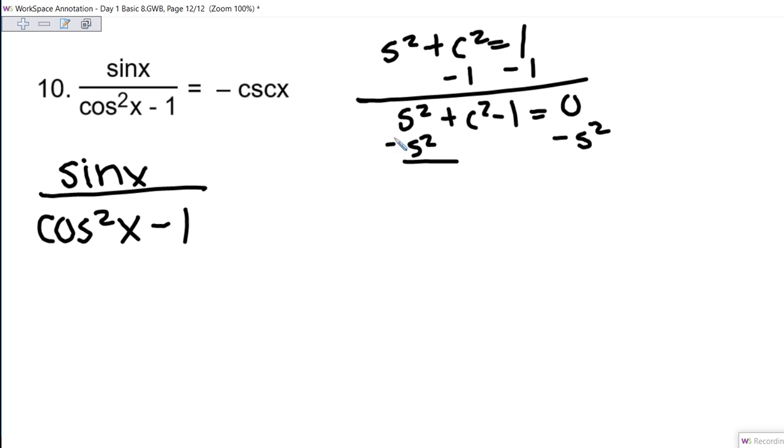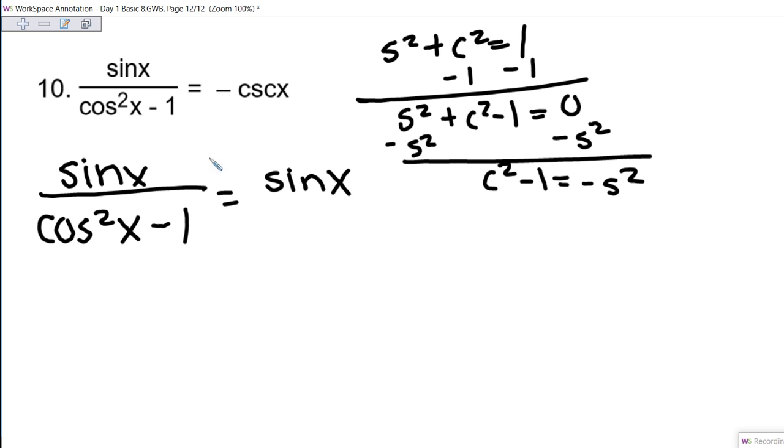And that gives me cosine squared minus 1 is equal to negative sine squared. So this is just sine of x over, instead of cosine squared of x minus 1, negative sine squared of x.